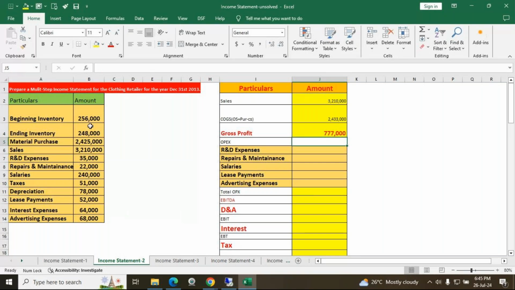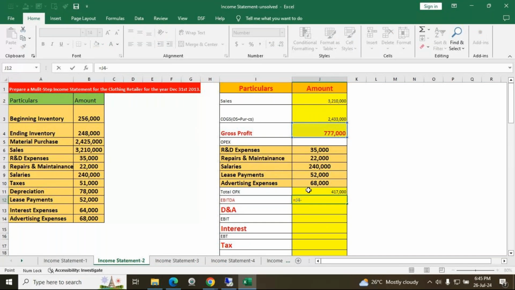Operating expenses: R&D expenses, repairs and maintenance, then salaries 2,40,000, lease payment 52,000, advertising expenses 68,000. So total operating expenses will be 4,17,000. Then EBITDA will be gross profit minus total operating expenses.